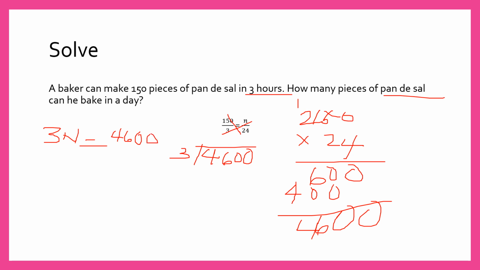4 divided by 3 is 1. 1 times 3 is 3. 4 minus 3 is 1. So bring down 6. 16 divided by 3 is 5, no? 5 times 3 is 15. Then 16 minus 15 is 1. Bring down 0. 10 divided by 3 is 3.